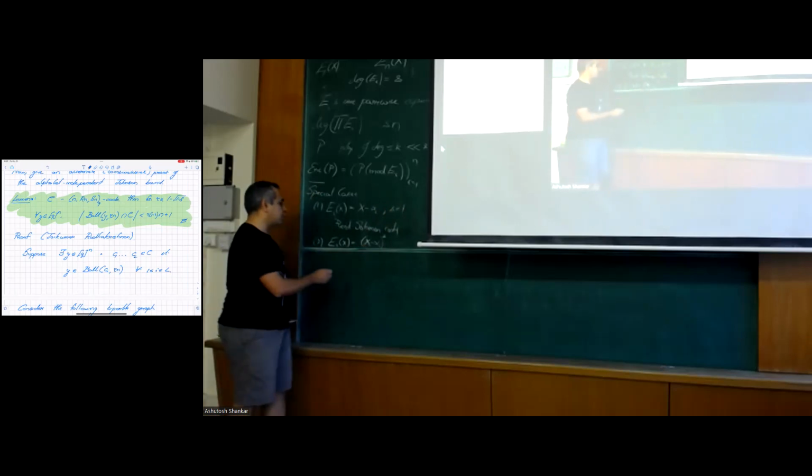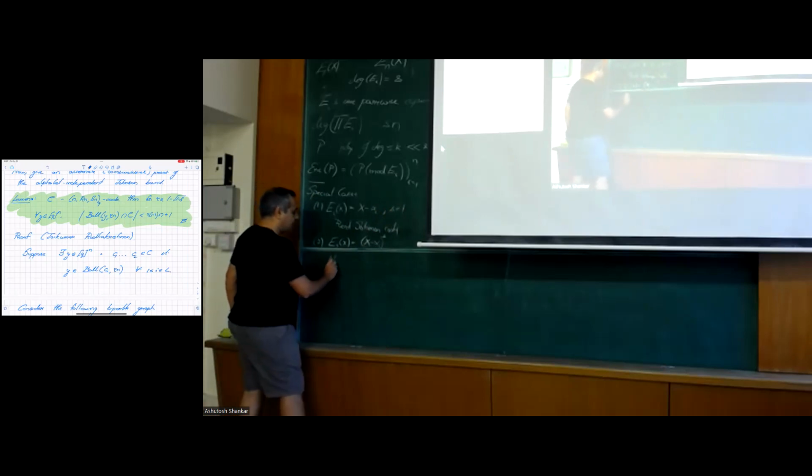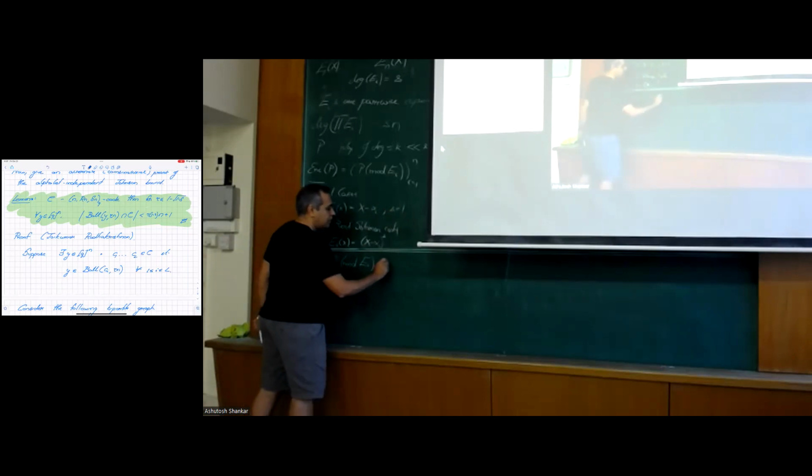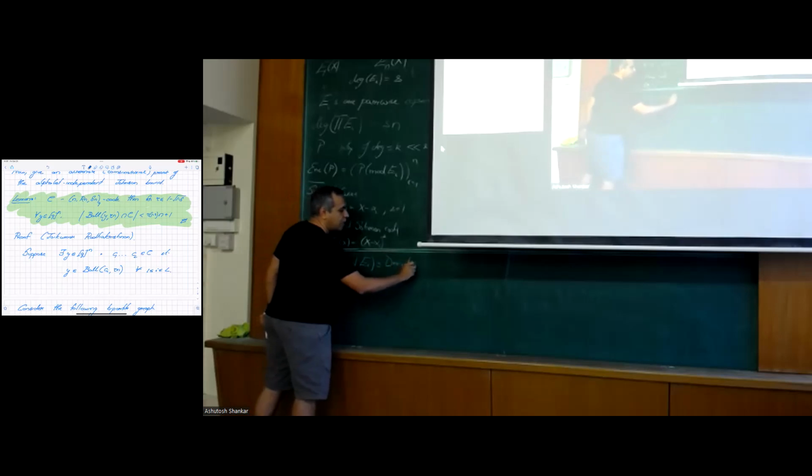So P mod Ei in this case is equivalent to giving derivatives of P up to order less than s.